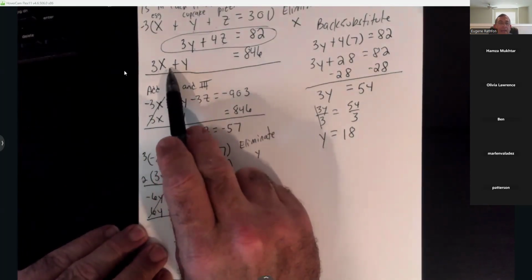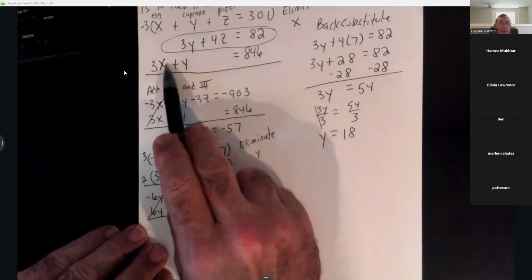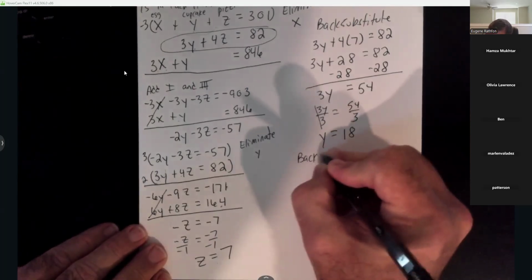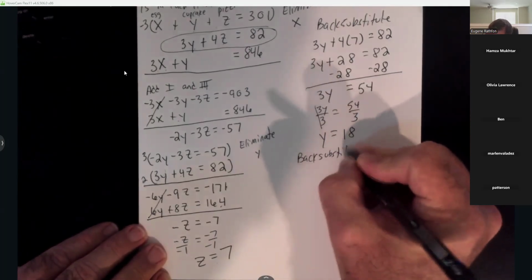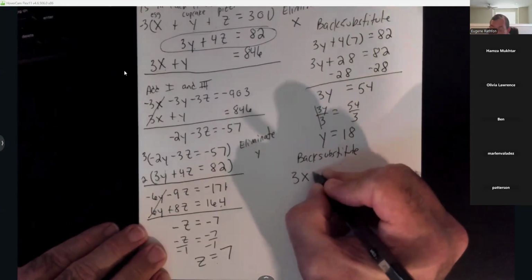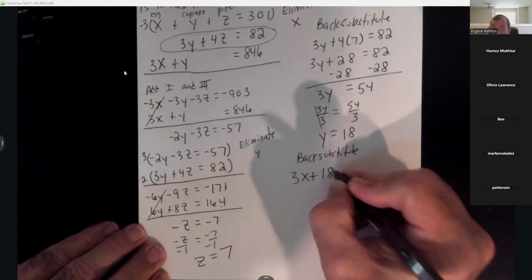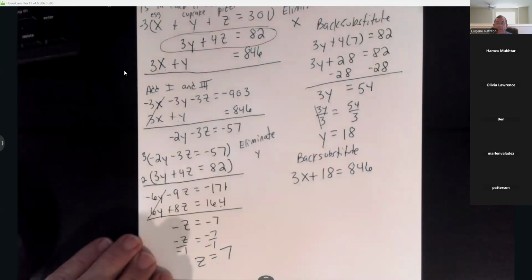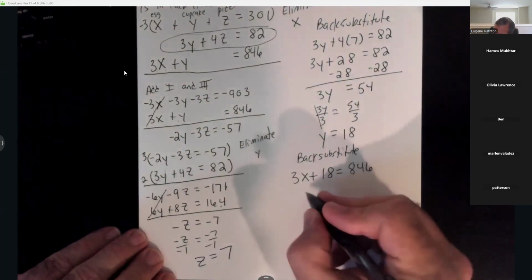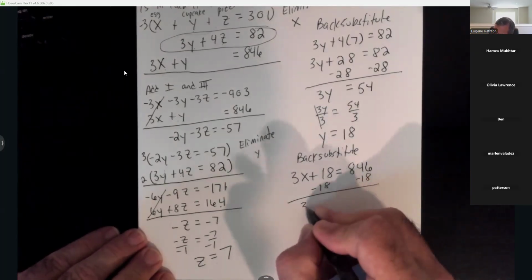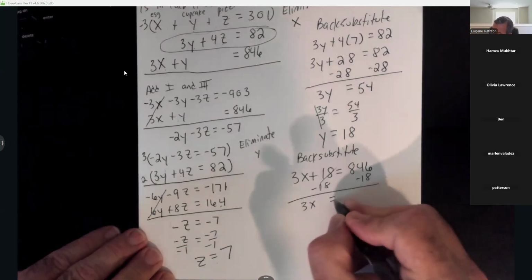So y'all, you got the Z and the Y. So I need to get the X. So I'm going to use this one. This one don't look bad. So back substitute for my last time. 3X plus my Y, which is 18, has to equal 846. All right, y'all, let's subtract 18. That cancels.